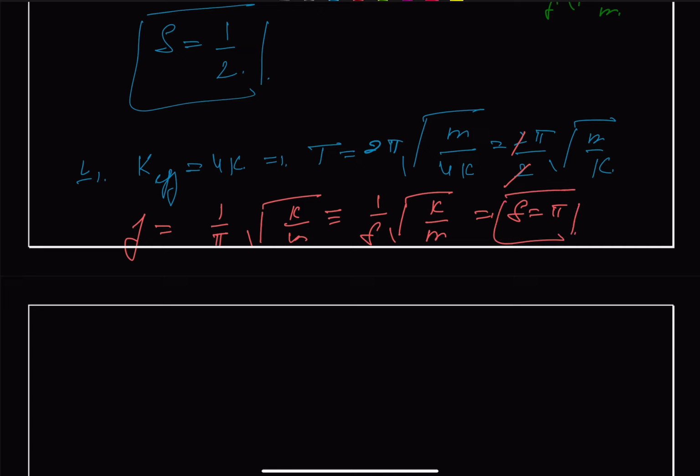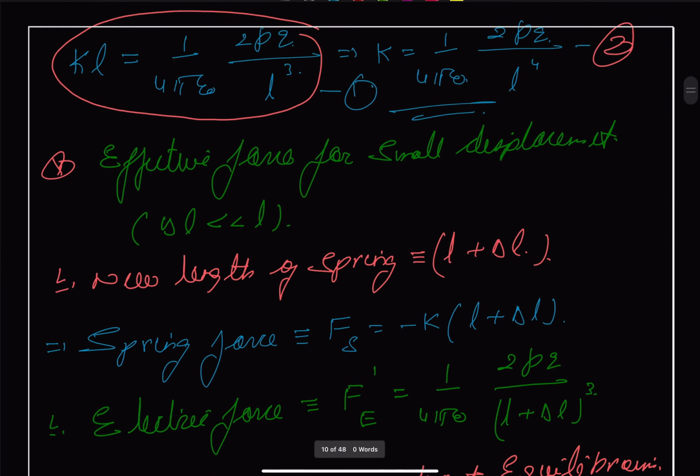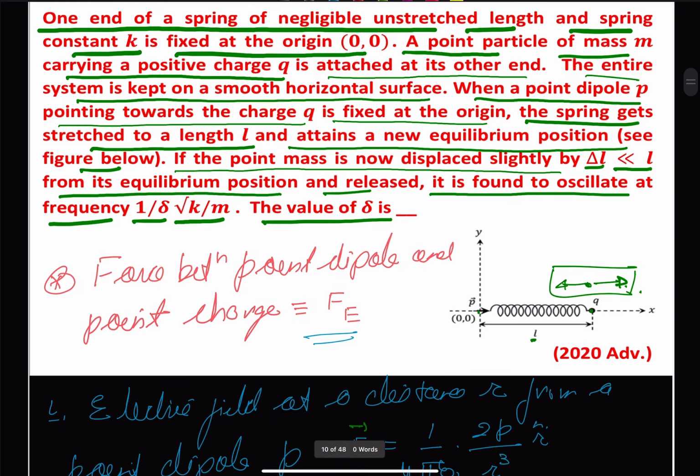So depending upon whether it is a linear frequency or angular, we can easily find out. And yes, so this value of lambda will either be equal to 1 by 2 or equal to pi.